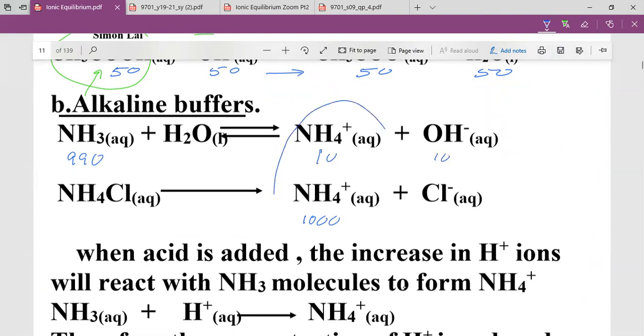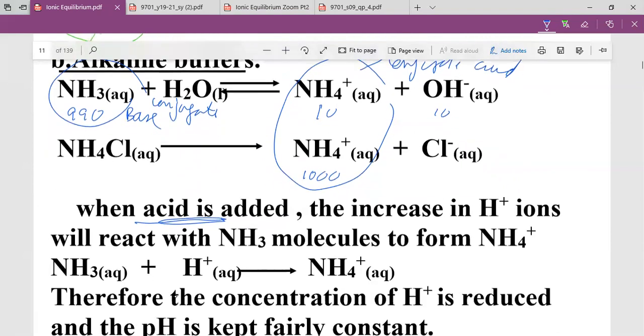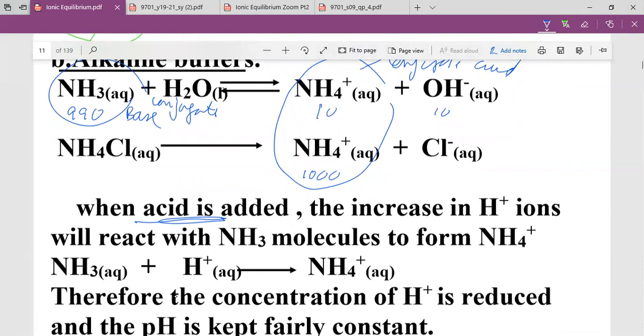Remember, these are large amounts. So base, this is the conjugate base, and this is the conjugate acid. So when acid is added, who will come to rescue to clear away the acid? Of course, the base. Plus H+ gives you ammonium.